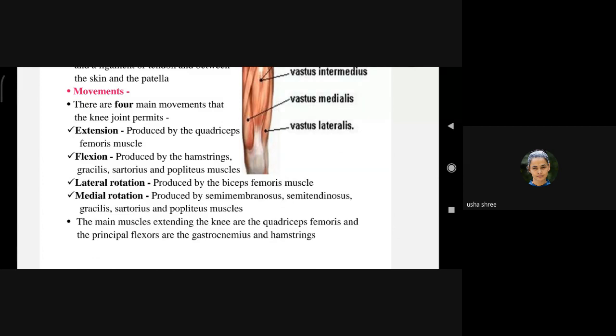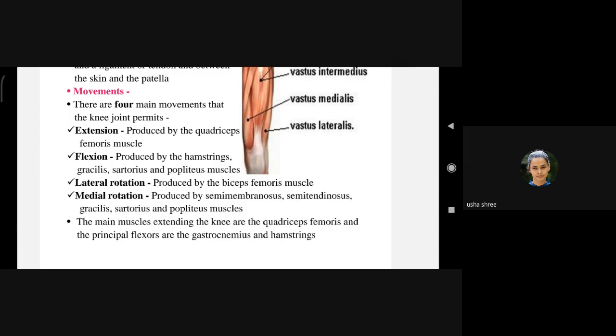Next, the main muscle extending the knee is the quadriceps femoris, and the principal flexors are gastrocnemius and hamstring. Is there any problem? Lateral rotation is produced by the biceps femoris muscle. Biceps femoris muscle is part of the quadriceps femoris, is it, ma'am?